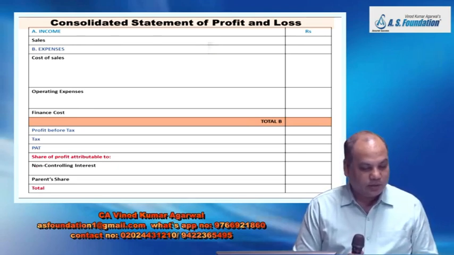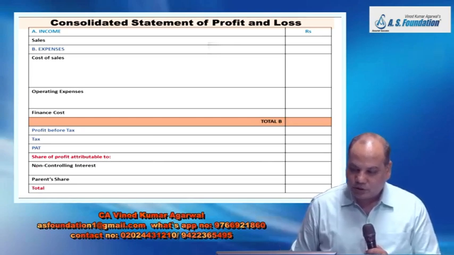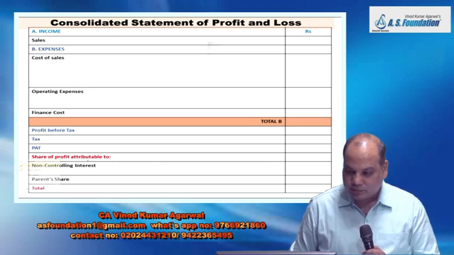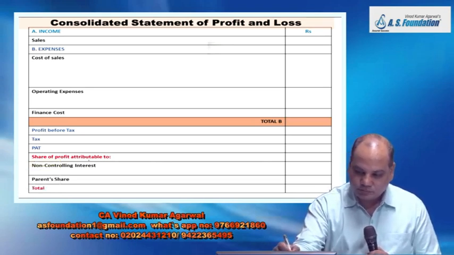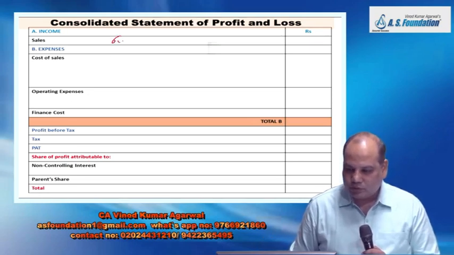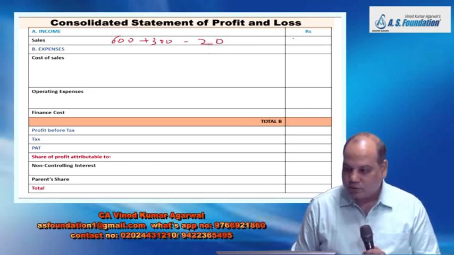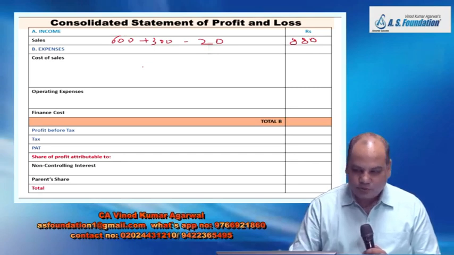So current year entire sales will be added. 600 plus 300. Is there any intercompany sale transaction? And what is intercompany? 20. So give me the answer now. 880.